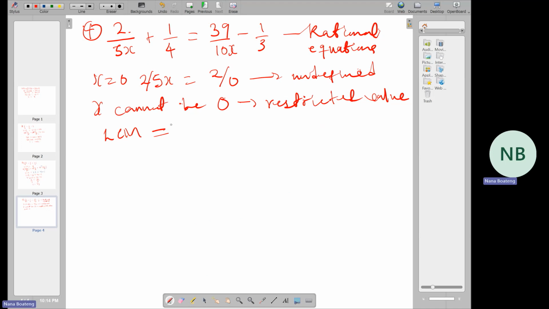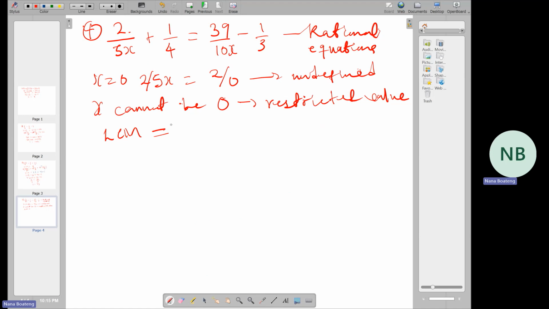So the LCM of 5x, 4, 10x, and 3 would be the multiplication of the 4 variables at the denominator. So we have 5x times 4, which is 20x, and 20x times 3, which is 60x.